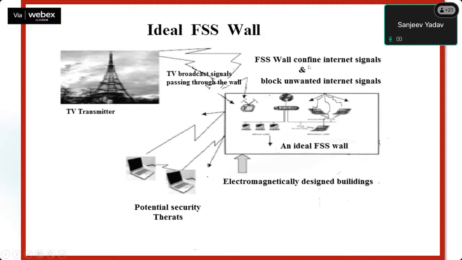This means the FSS wall confines internet signals and blocks unwanted internet signals. Here they are blocking the unwanted internet from outside, and they are not sending the inside signals to the outside either. So this is an electromagnetically designed building which can protect our confidential data, and no one can interfere with your signals as well.